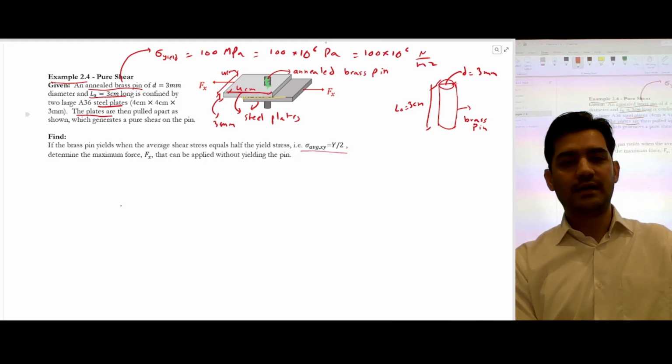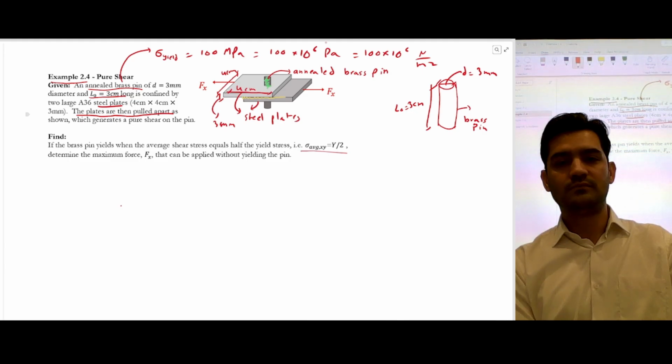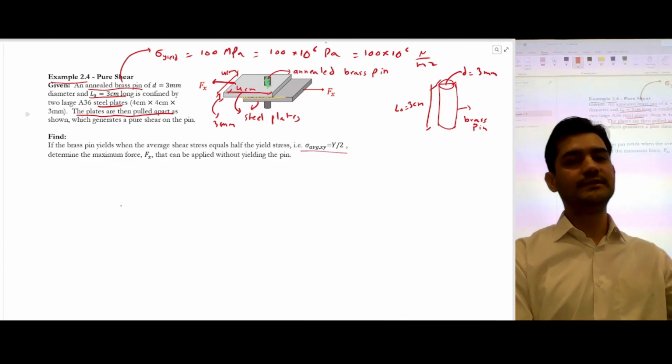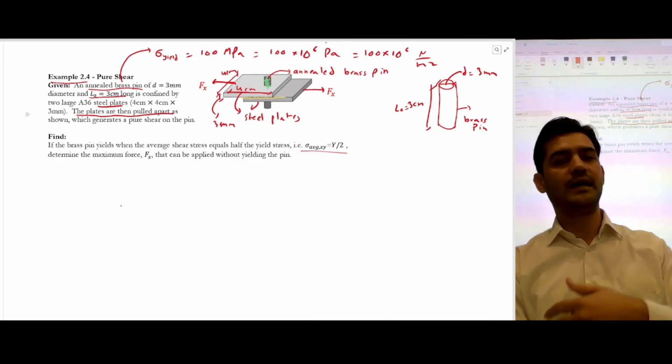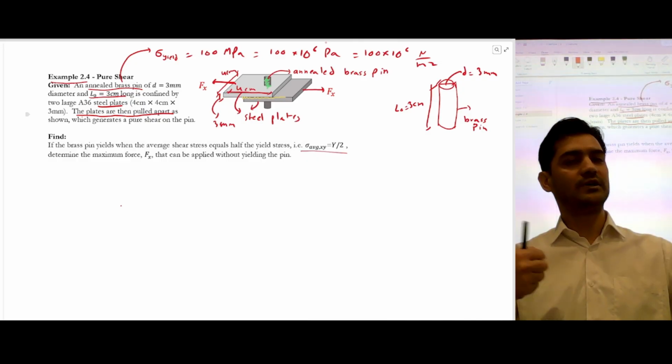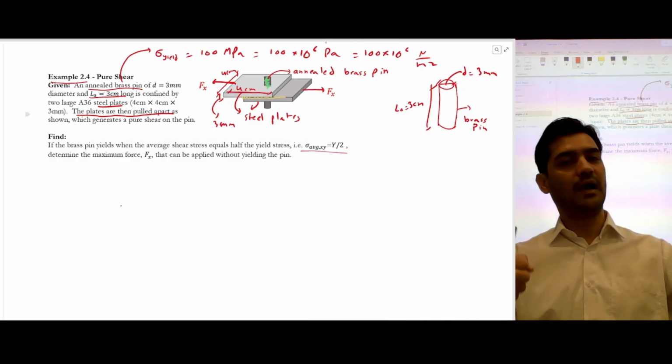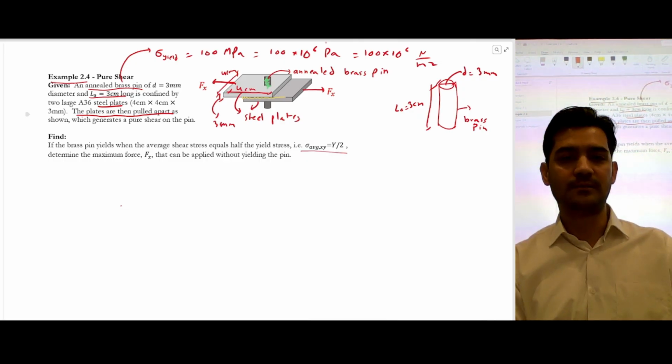These plates are then pulled apart. So one plate is being applied a force in this direction, and another plate is being pulled in this direction. So you can see there are forces being applied on the brass pin by these steel plates.